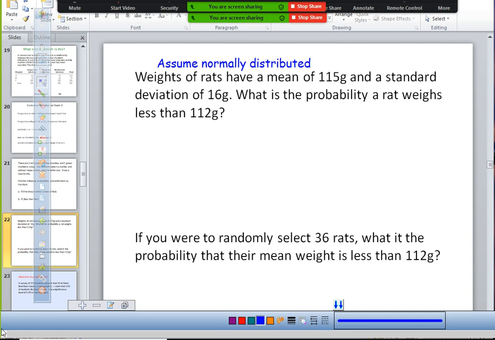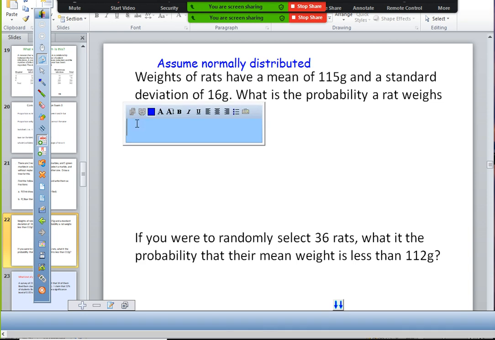Yes, I'm not going to make you guys do histogram, polygon, or ogive. Okay, so this is going to be a normal distribution. If I look back through my notes, step 1, I find the z-scores.